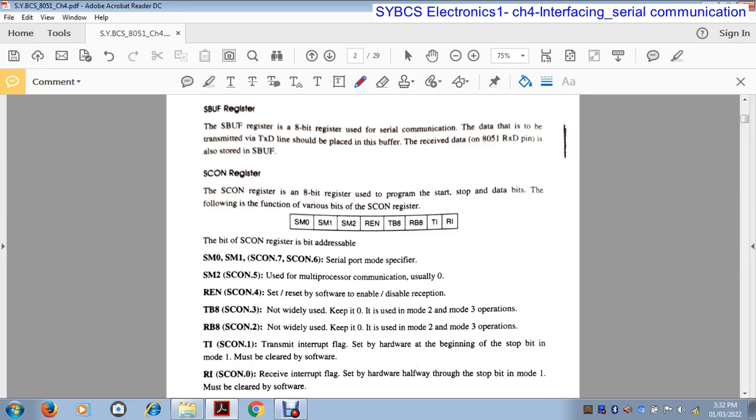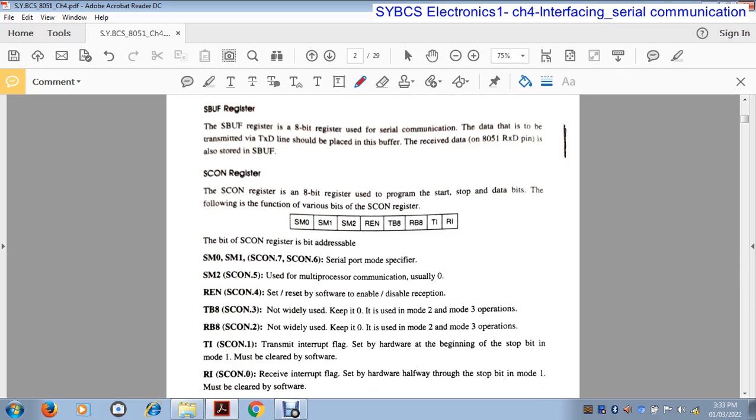So the function of the SBUF register is to store the information which is to be transmitted from transmitter to receiver.